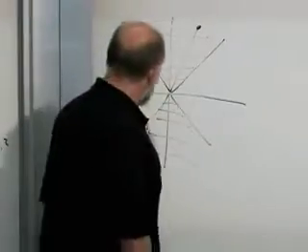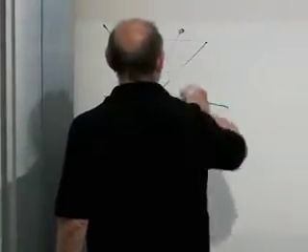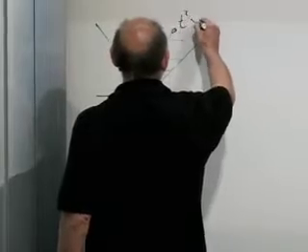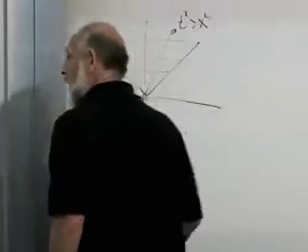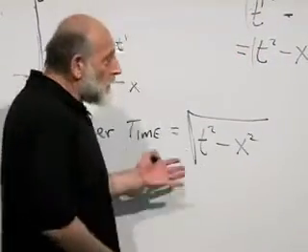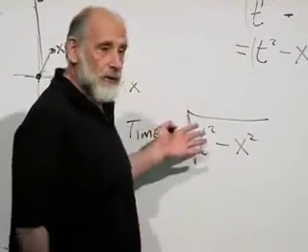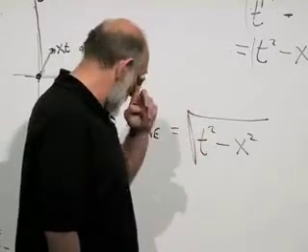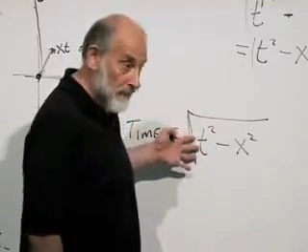Okay, so here we are. This point here, t squared is greater than x squared, and that means that t squared minus x squared is positive, and the square root of a positive number is another real number.